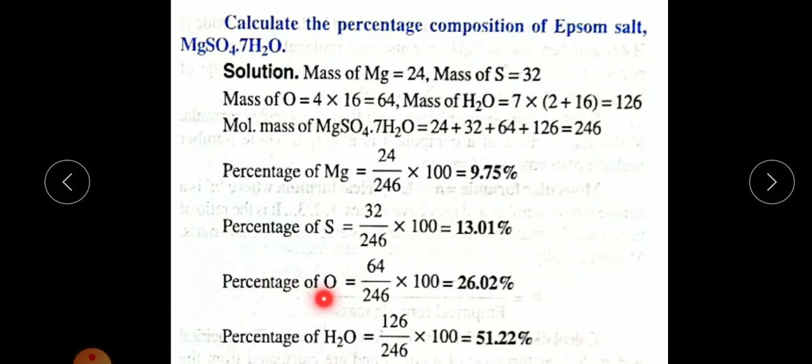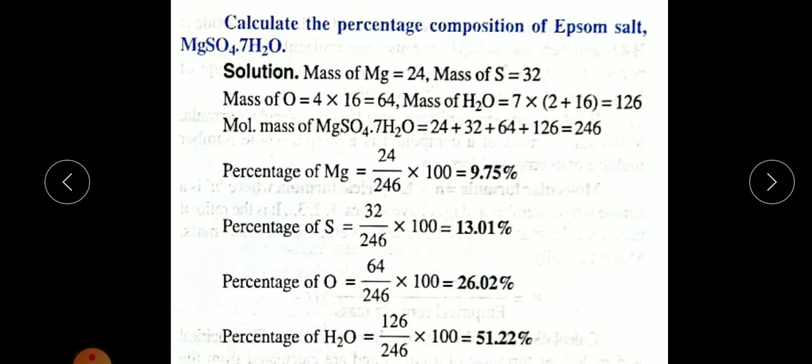Similarly, percentage of oxygen. How many oxygen atoms do we have to count? 4 over here and 7 over here. Okay, sorry.